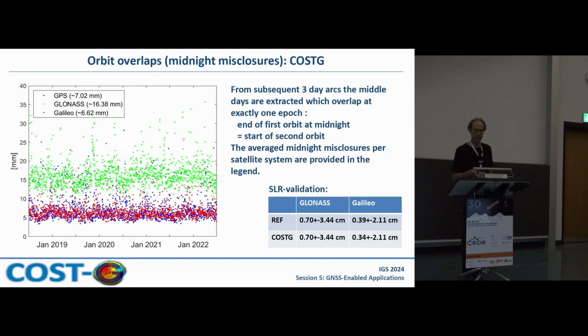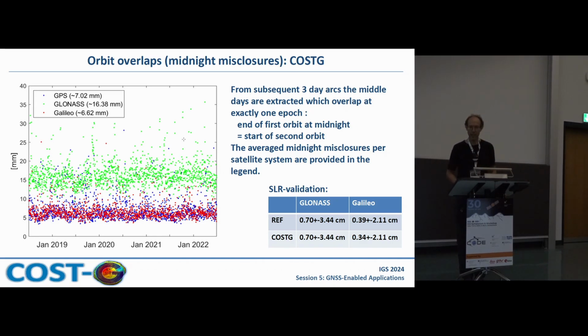Now I switch forward using the COST-G model, and if you don't see any difference, don't be surprised. There is no real difference. In the orbit positions, we do not see a benefit of using these fitted signal models from COST-G. Obviously, the orbit positions are not really sensitive. The GNSS satellites are just flying too high.